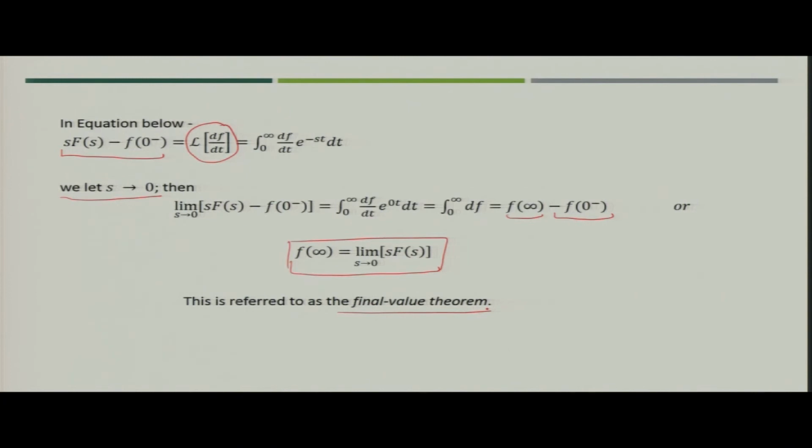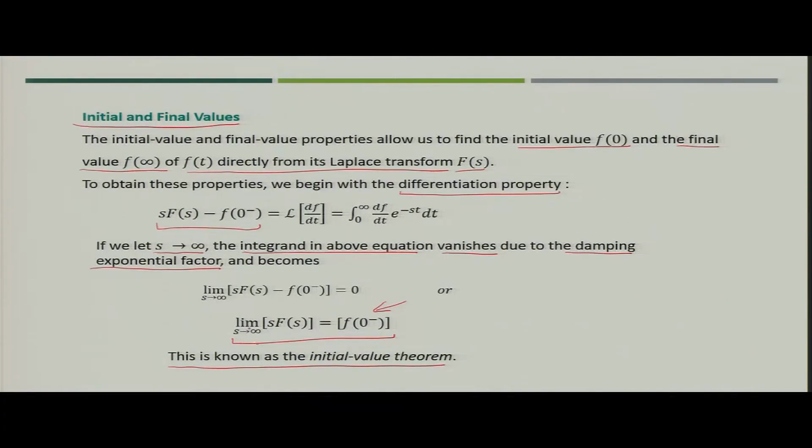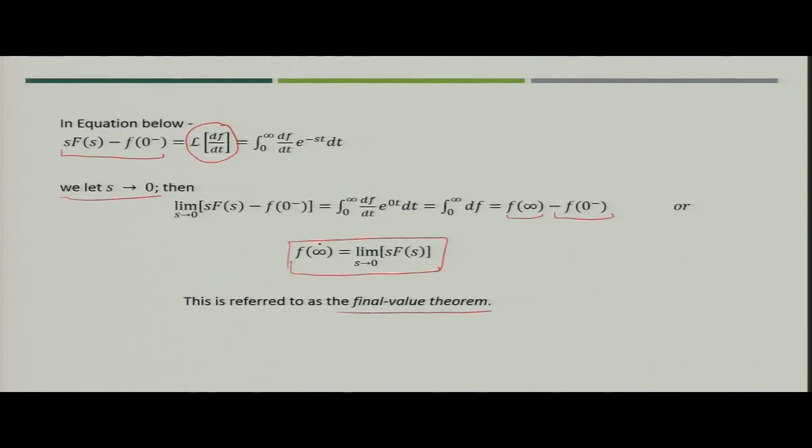So, if you compare both of them, when s tends to infinity, the value of s F(s) will give you the initial value, while in the case of the final value f(infinity), you find the value of s F(s) when limit s tends to 0.